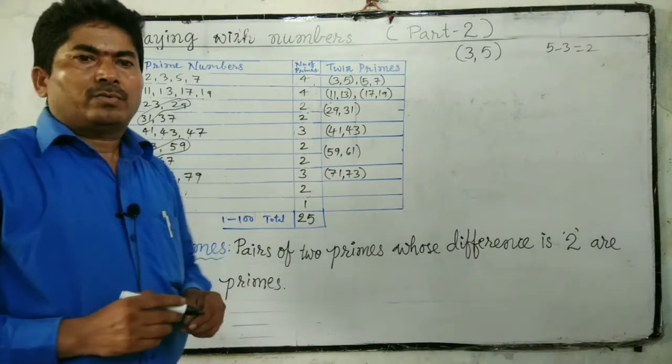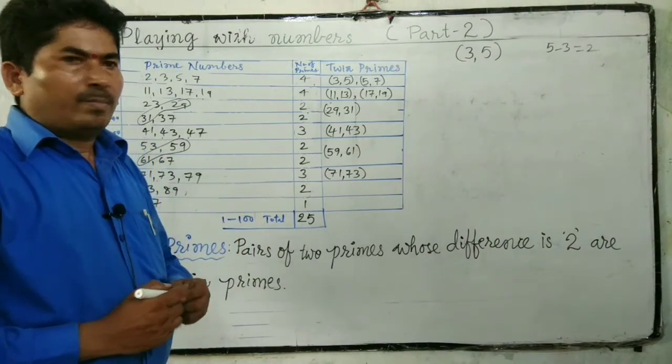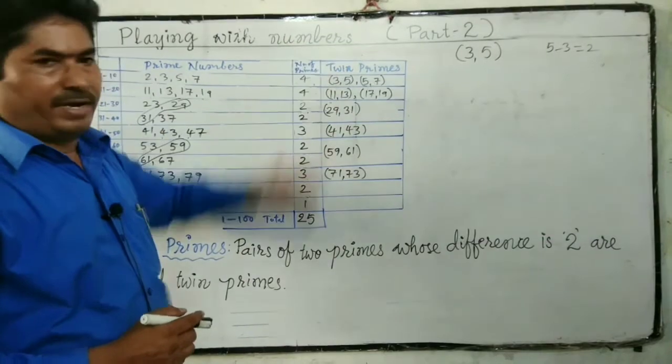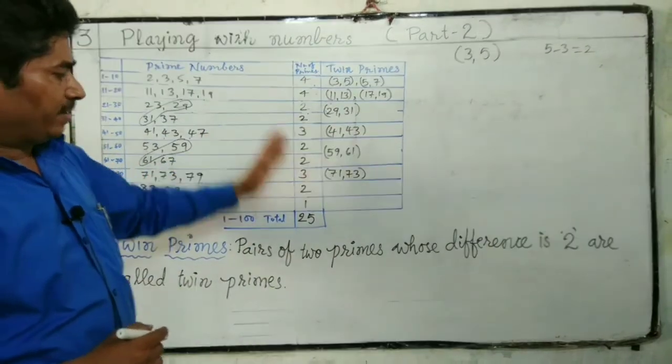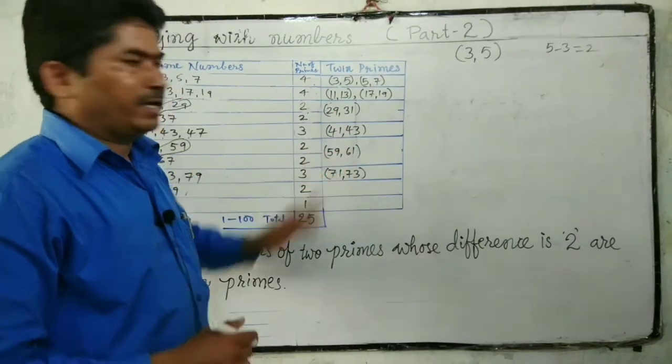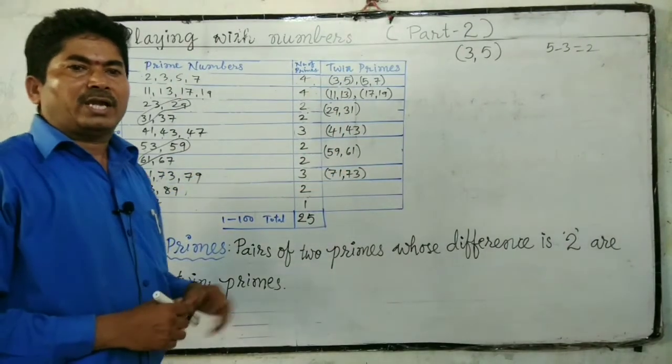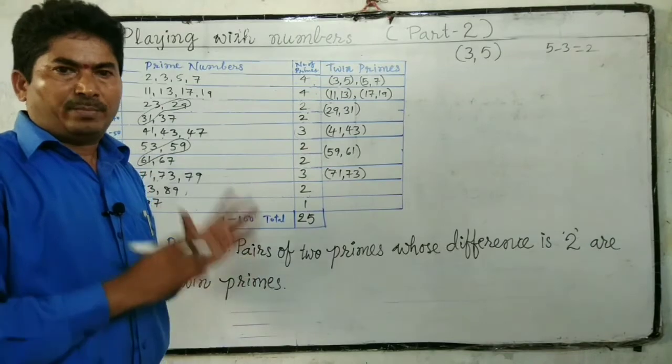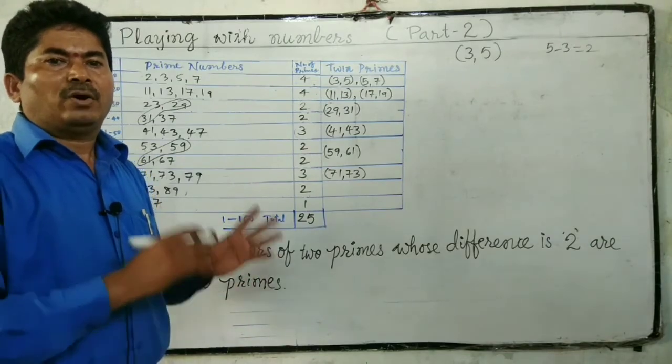These are twin primes below 100, between 1 and 100. 1, 2, 3, 4, 5, 6, 7, 8. There are 8 twin primes below 100.